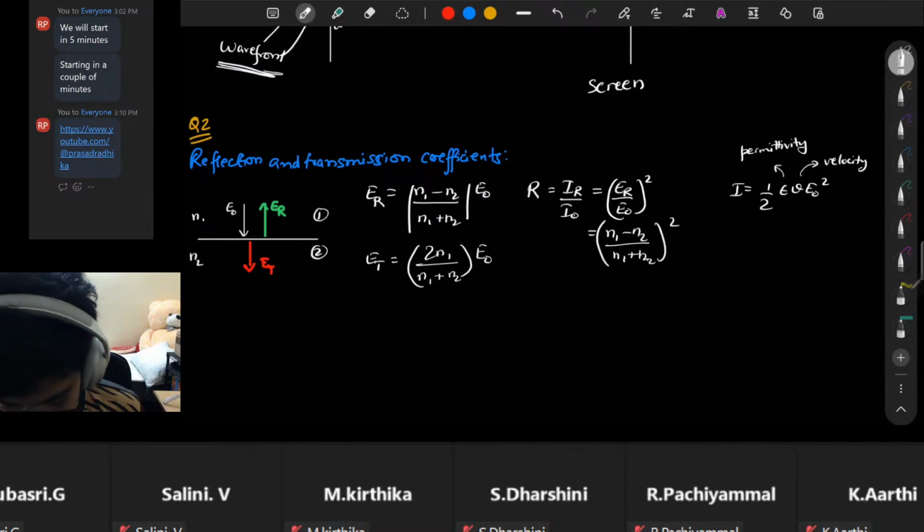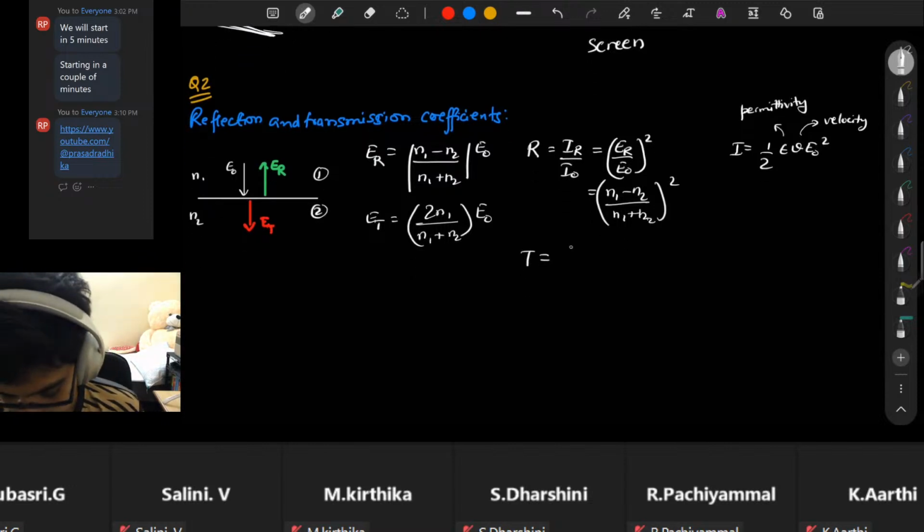Similarly, transmittivity is the ratio of transmitted intensity to the incident intensity.